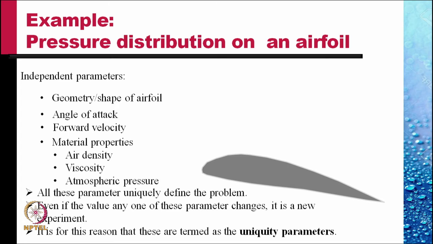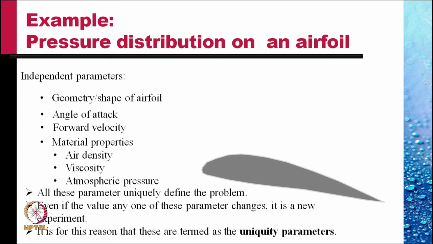Even if the value of one of these parameters changes, it's a new problem, a new experiment altogether. It is for this reason they are termed as the uniquity parameters. They define the uniqueness of the problem.